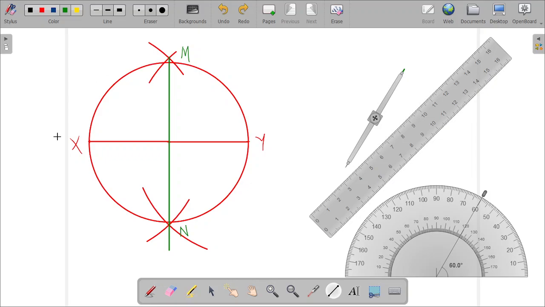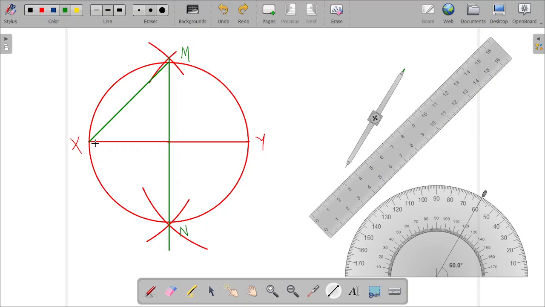So first make your circle, draw your diameter XY, then you bisect it by making this your bisector, which is MN. Now after doing those procedures, do the same thing like I did for your square. You have to join those lines.